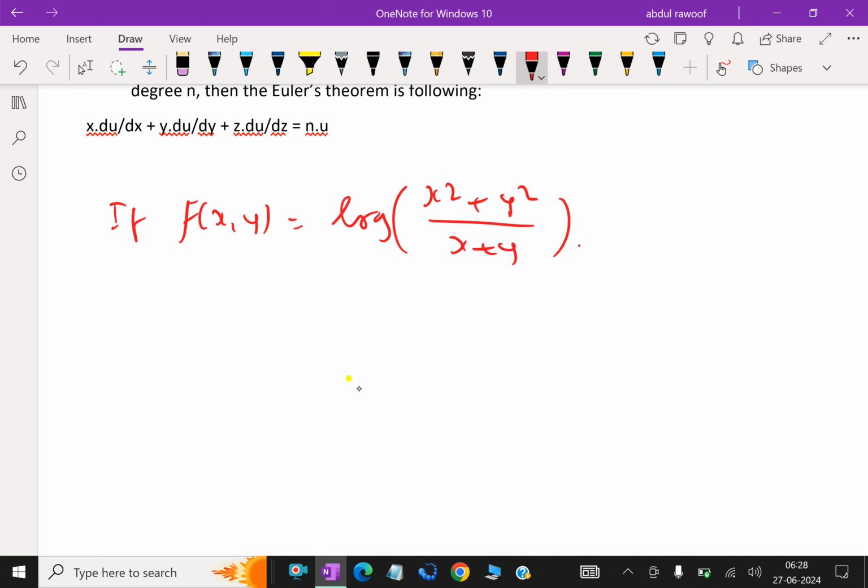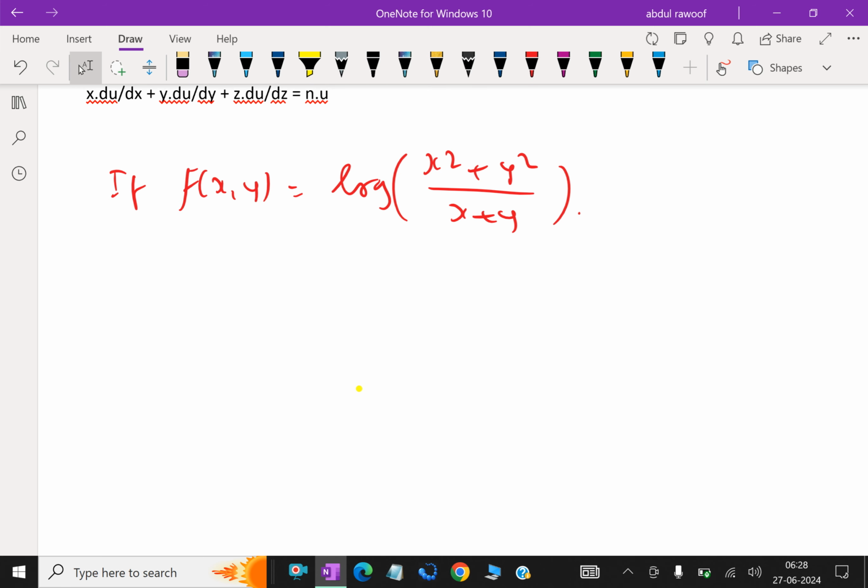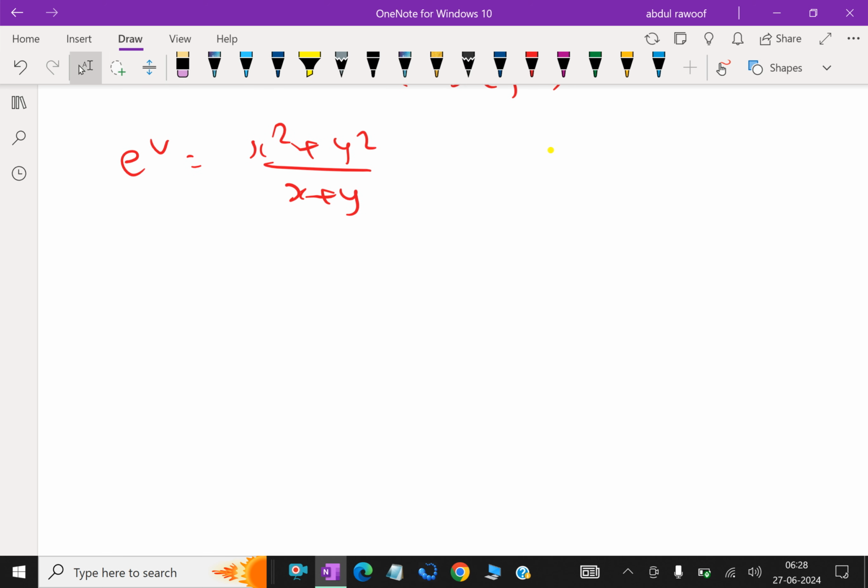Let e power u, that is, the logarithm becomes e power the function in this way. e power u is x squared plus y squared over x plus y, which is f of x comma y.